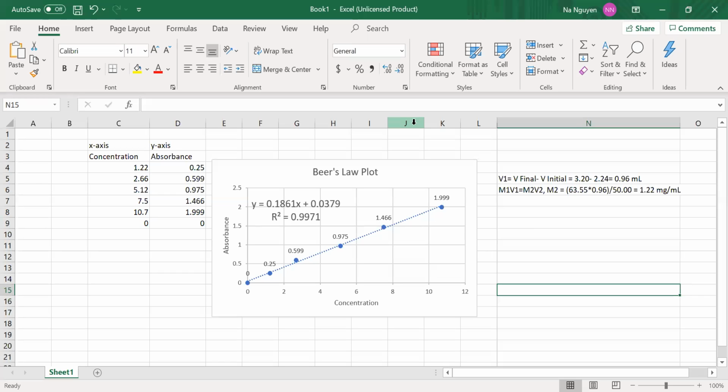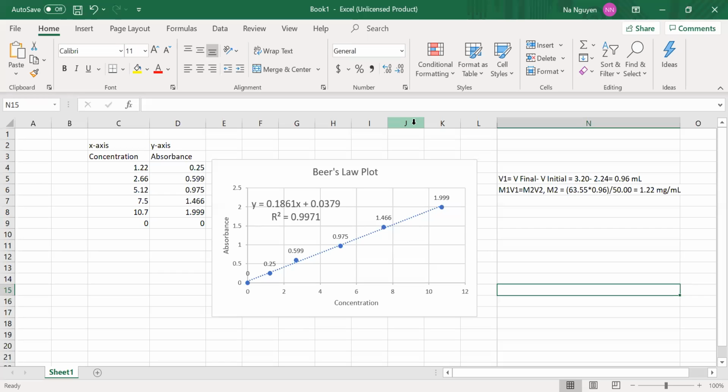And the second one, we got 2.66 milligrams per milliliter, and the third one is 5.12 milligrams per milliliter, 7.5 milligrams per milliliter for the fourth one, and the fifth one is 10.7 milligrams per milliliter. This is how we got it. This is the way we calculate it.